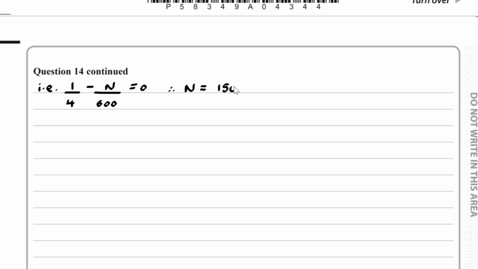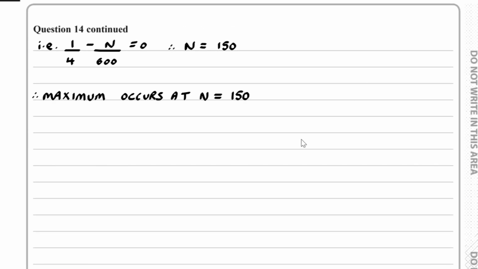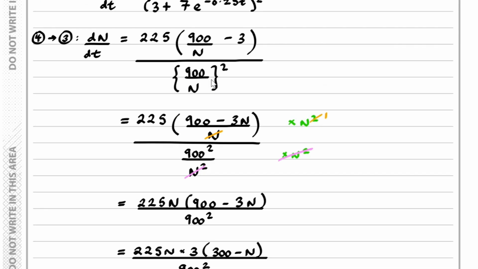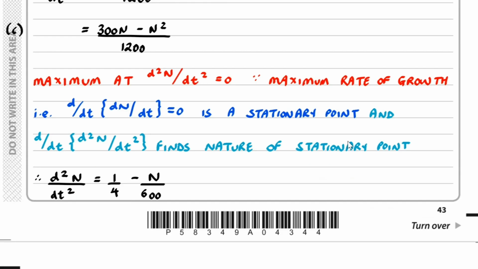N is equal to 150. So what does this mean? Well, it means that the maximum occurs at n equals 150. So if I go back, what I can do now is set this result over here equal to 150.